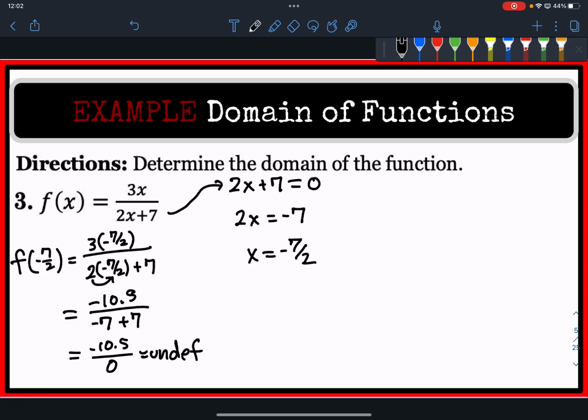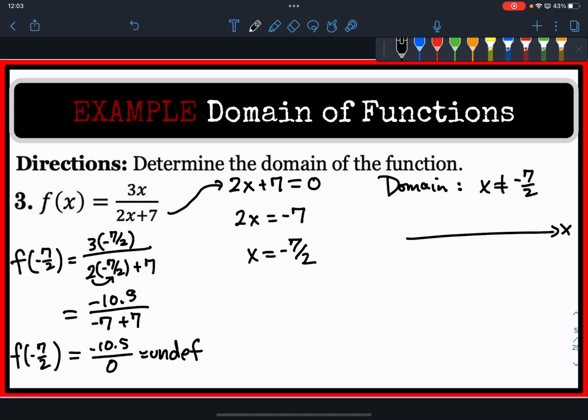So you see, this again is undefined. So I can use any number for x except for that number. I cannot have x equal to negative 7 over 2, because when I do that substitution, this function is undefined at that value of x. So our domain will be everything except for that number.